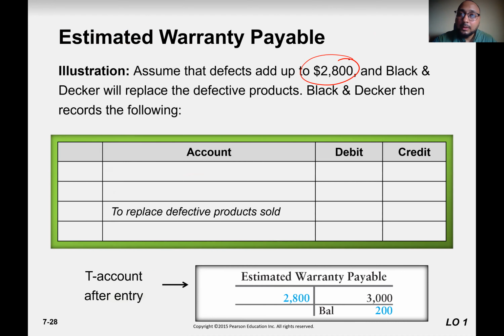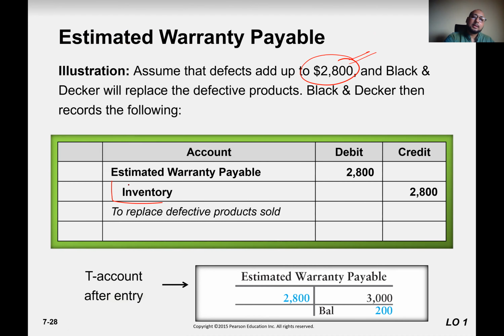Now claims are of $2,800. So simple: estimated warranty, and since we replaced that product, we didn't pay them cash. Inventory decreases. Inventory decrease means credit, and liability decrease means debit.